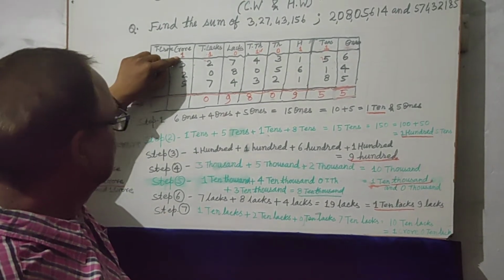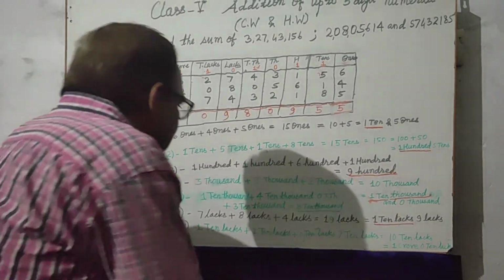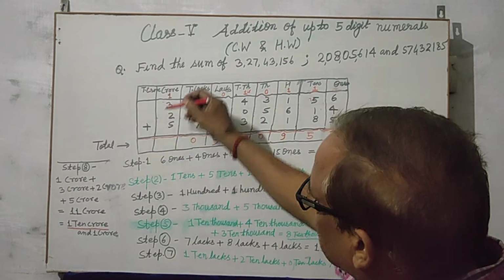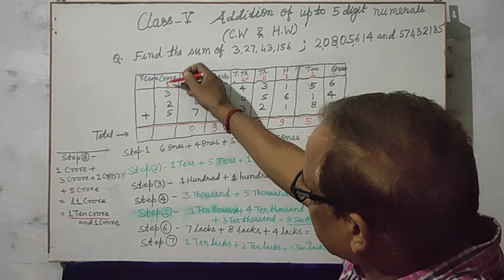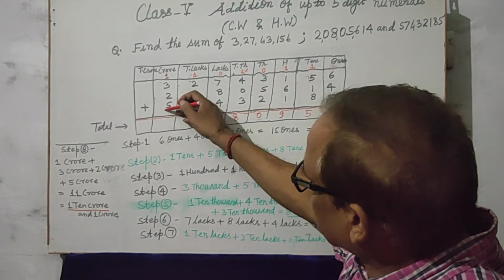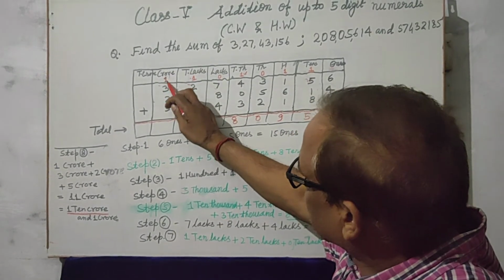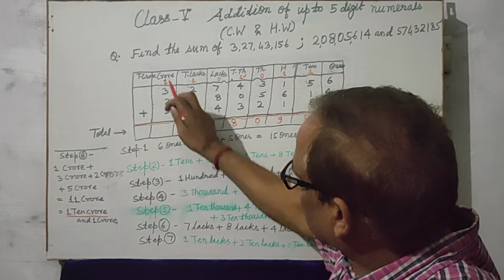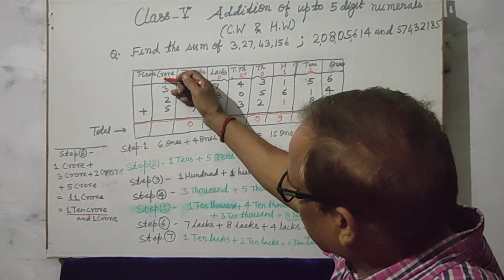Now take the last step. Now we have to add these digits which are at the place value of crore. This 1 has come after adding them in the form of carry.